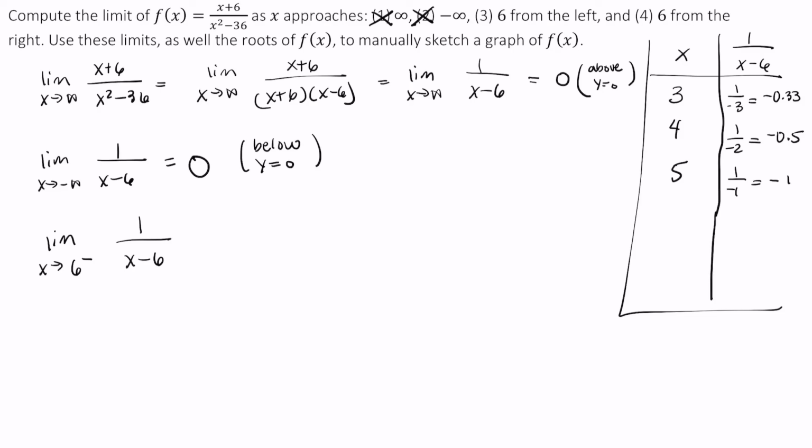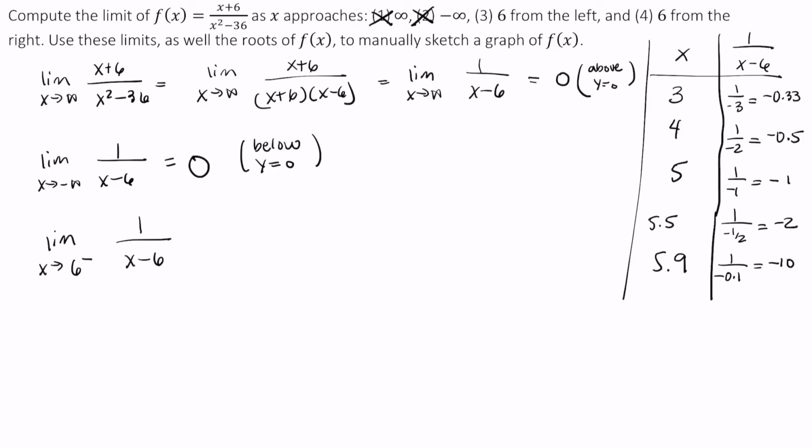What if we try 5.5, 5.99, and 5.9? In this case, we end up with a negative 1/2 in our denominator, so a negative 2. Here we end up with 1 over negative 0.1, so that's negative 10.